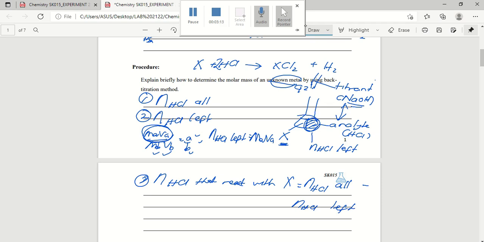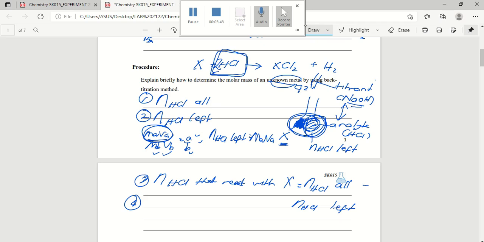Since we have the number of mole of all HCl here and we know the number of mole that is left, we can know the number of mole of hydrochloric acid that react with X. Okay, and then we have this equation, the number of mole of HCl that react with X means we have this number of mole.